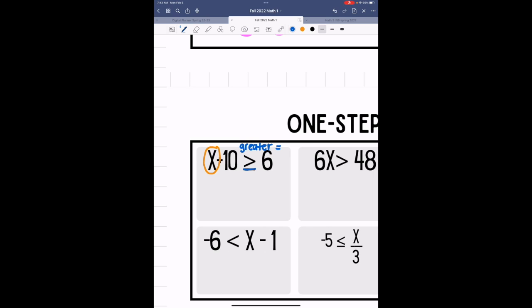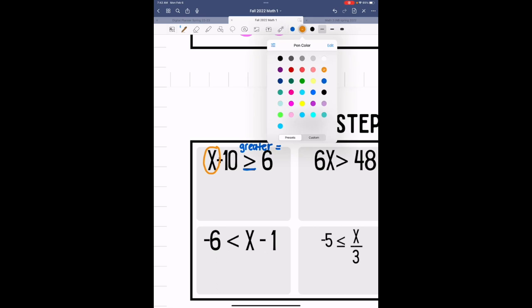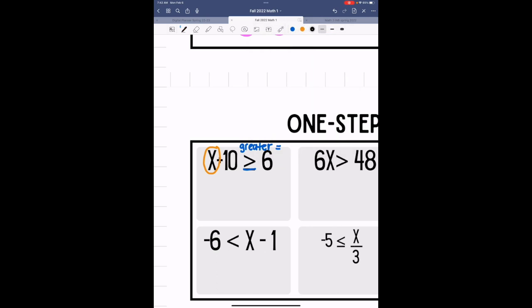So in order to solve for x, we're going to subtract 10 on both sides. And by doing that, I now have x is greater than or equal to 6 minus 10, which is negative 4.